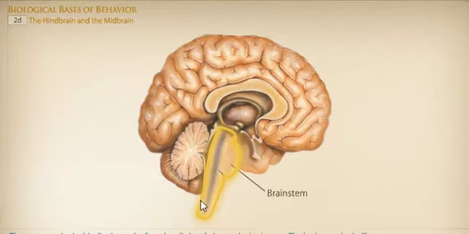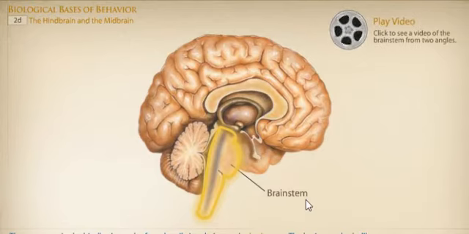This area right here in yellow is the brainstem. The brainstem looks like what it suggests. It appears to be a stem from which the rest of the brain flowers, like a head of cauliflower. I want to show you a video where you actually can see this in terms of what it actually looks like.